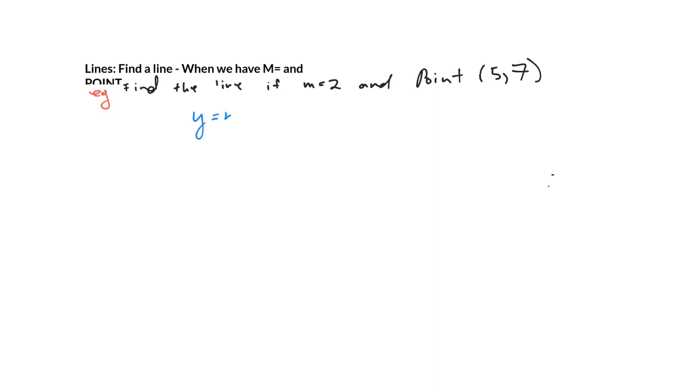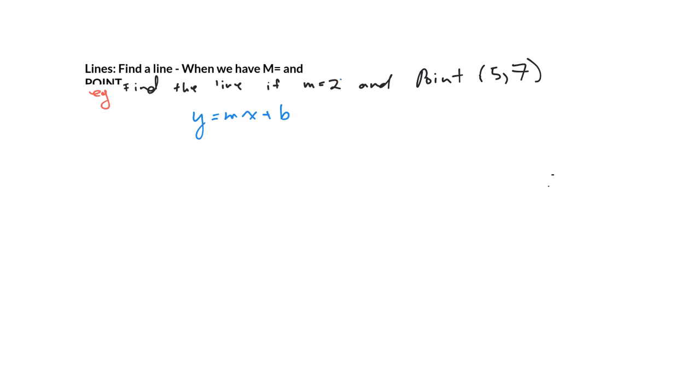So let's say that I give you a situation where you have this. Suppose I say find the line if m is 2 and there is a point (5, 7) on the line. Now, how would I find that? You have to remember that we always start with y is equal to mx plus b.